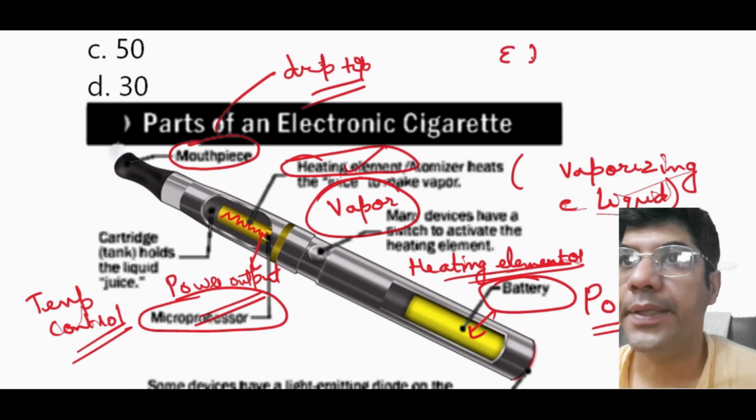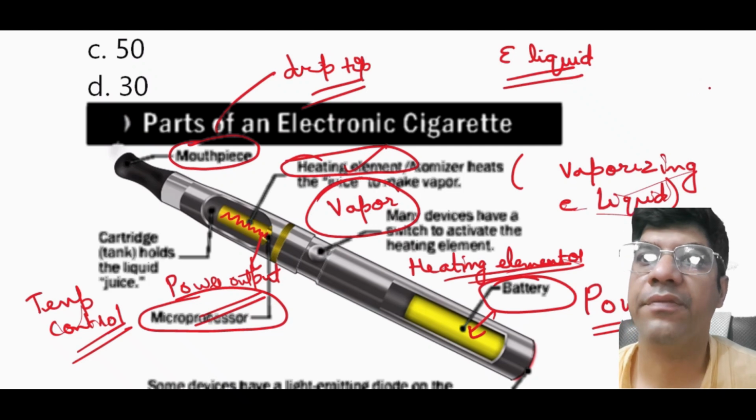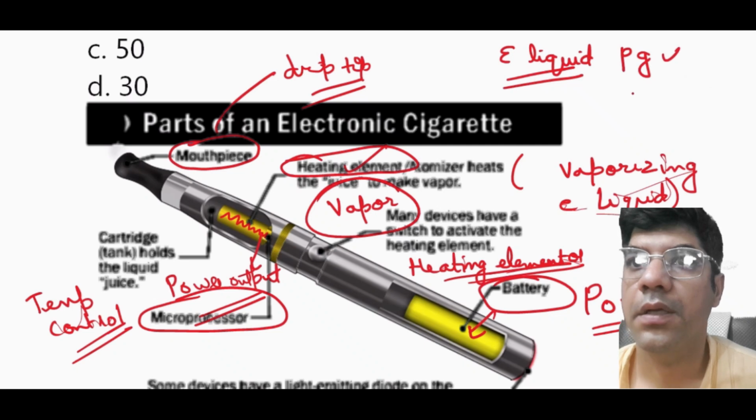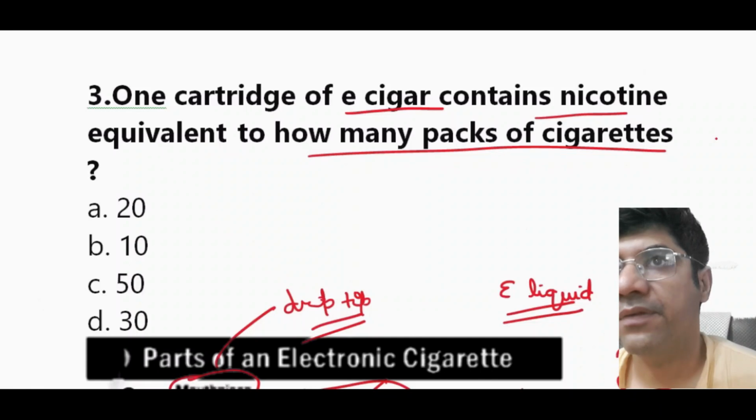Now what is e-liquid? E-liquid, remember, is a mixture that is used in e-cigarettes. It consists of propylene glycol, glycerine, nicotine, flavoring agent, etc. Now moving back to the question, one cartridge of e-cigarette contains nicotine equivalent to how many packs of cigarettes?